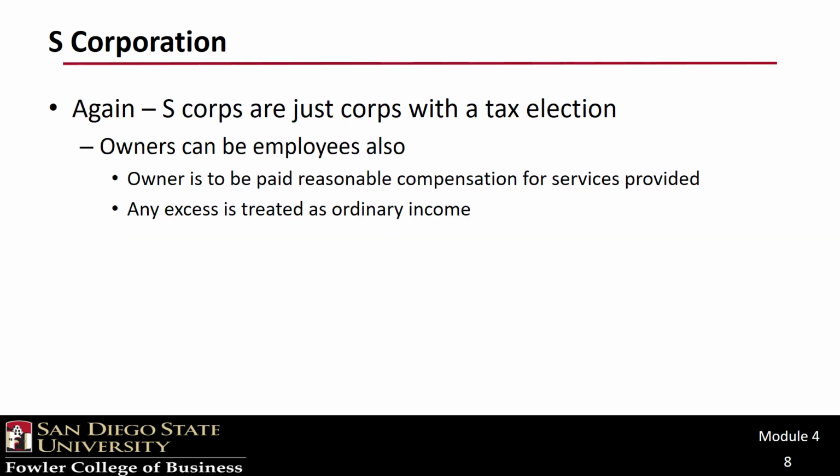As I've mentioned, an S corp is really just a regular old corporation with a tax election. And as a corporation, it pays its employees, including its shareholder employees, wages for services performed. Thus, an S corp owner that works for the S corp is going to receive both wages and an S corporation distribution. And the taxation of these two things differs.